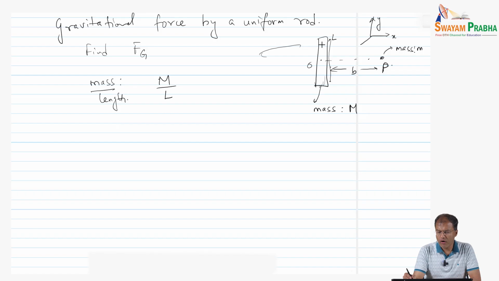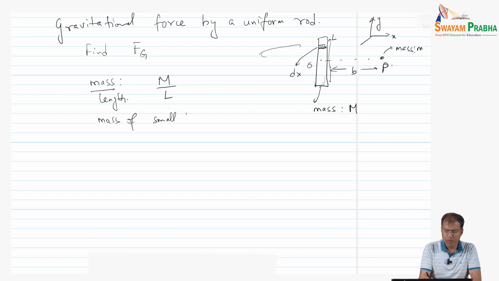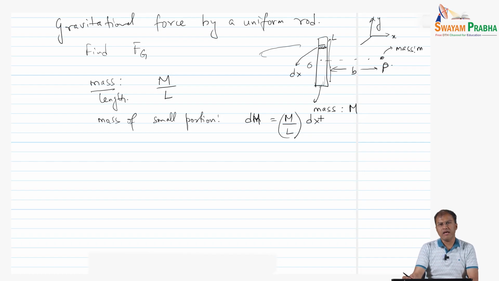Now suppose we want to find the mass of an infinitesimally small portion of the rod, dx. So now if we want to find the mass of a small portion, this is going to be dM, right? It's going to be mass per unit length times the small portion dx, right?